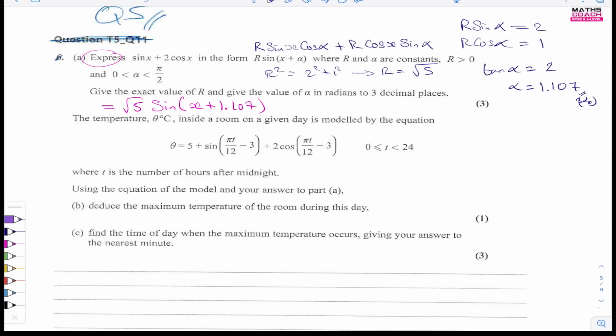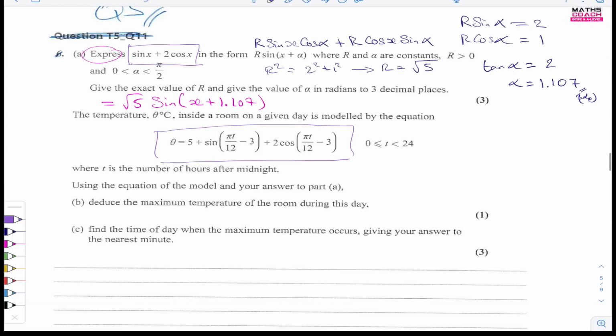Right, so the temperature inside the room is given by this function here. Now if we compare this to what we have here, well, look at the sine and the cos bit. So the coefficients of sine and cos match, but the whole expression of sine and cos will match if we say that x is equal to pi t over 12 minus 3.